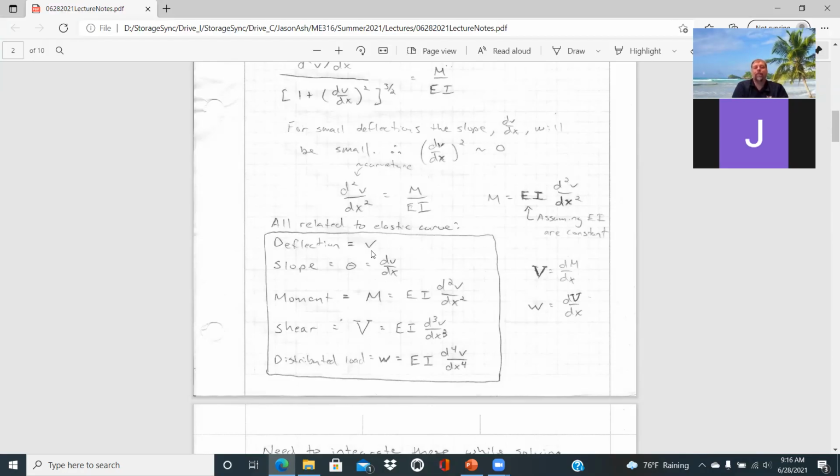More commonly, we'll rely on what we learned in chapters 6 and 7 to look at what our internal moment is as a function of x. And then with that, we can integrate back twice and solve our two constants of integration. And so we'll do both of those. Today, we'll look at the case primarily with the distributed load, integrating back 4 times. And then we'll do one example with the moment and continue on with that as we move forward into the week.